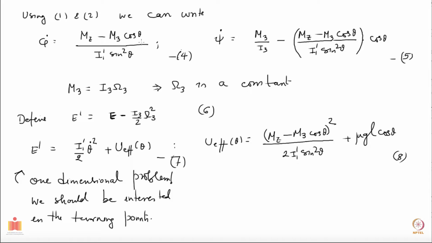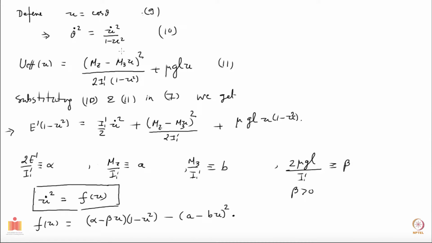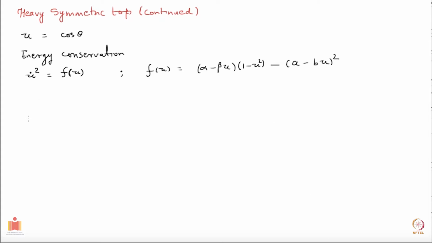Okay, that's what we wrote, and this time derivative of phi can again be written down in terms of constants a, b, alpha and beta. If I plug them in that expression of phi dot, I will get the following: phi dot is equal to a minus bu over 1 minus u square. Okay, you can verify this, it's trivial algebra.